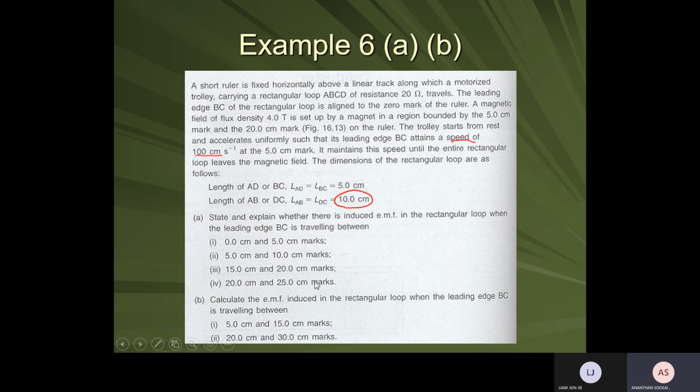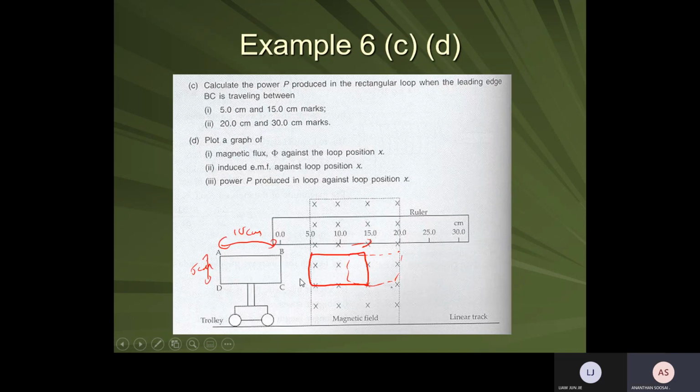Now the last one, 20 to 25. Is there any EMF induced? BC goes from 20 to 25, and the loop is halfway leaving the magnetic field. So flux is changing. In which direction does the current flow, clockwise or anti-clockwise? When moving from 20 to 25, is the flux dropping or rising?